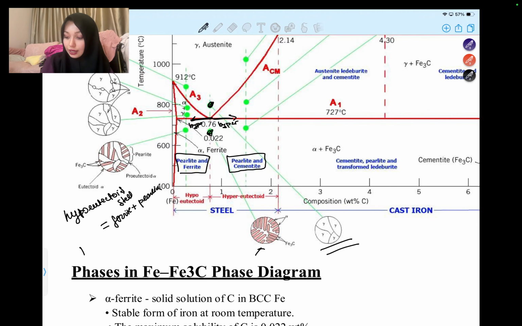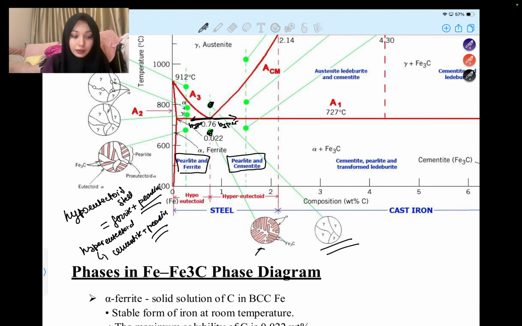But if we have hypereutectoid steel, it would be cementite plus pearlite. Okay, so the only thing that stays the same is pearlite, and before we have extra ferrite, and after we have extra cementite.